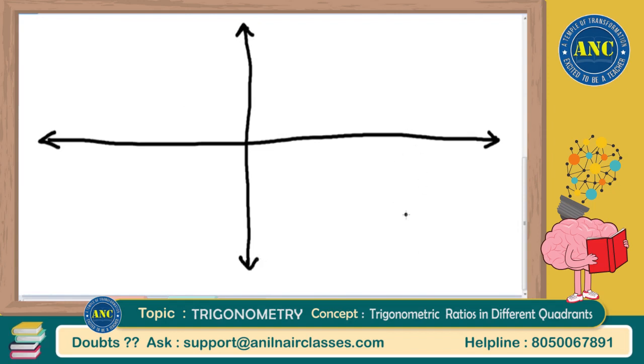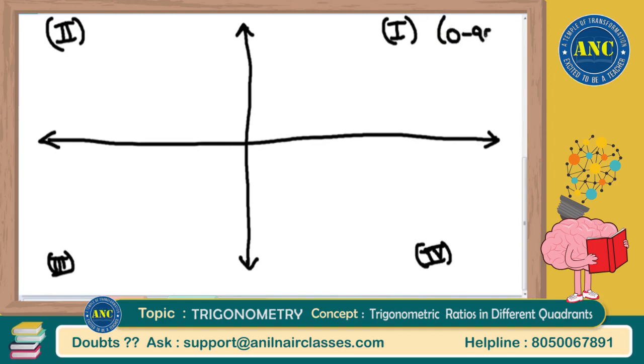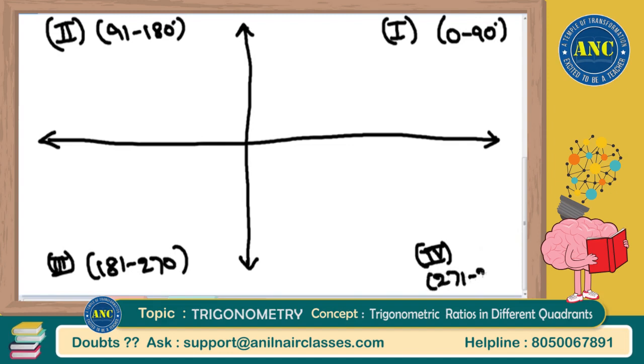I already told you this is my first quadrant, 0 to 90. 91 to 180 is my second quadrant. 181 to 270 is my third quadrant. 271 to 360 is my fourth quadrant. Let me write those also, so that our understanding will be much clearer. 0 to 90 degrees, 91 to 180 degrees, 181 to 270 degrees, and the last one is 271 to 360 degrees.